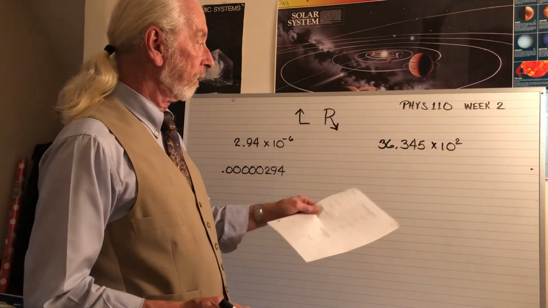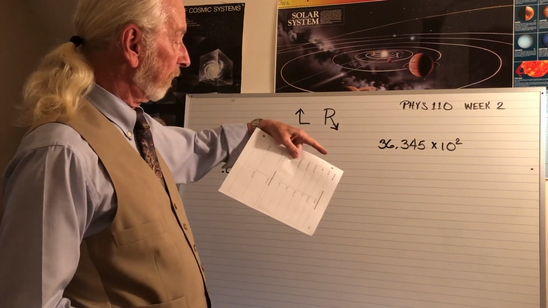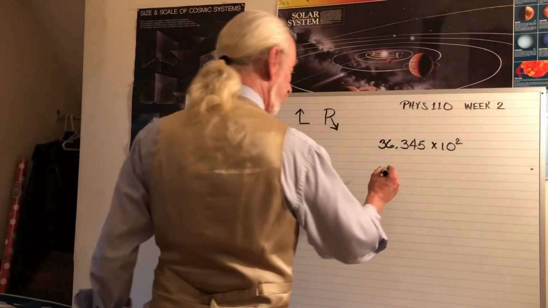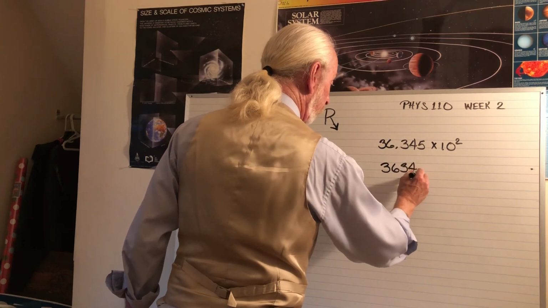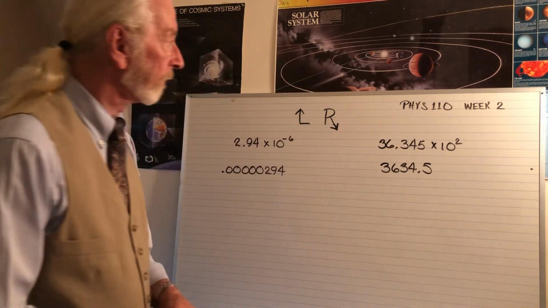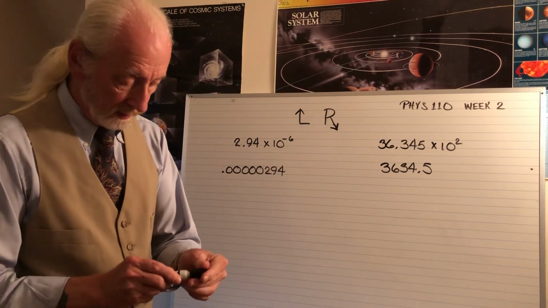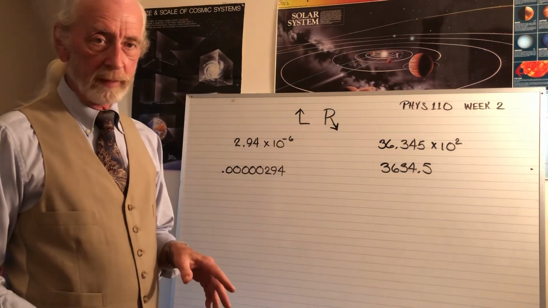From a 2 to a 0, exponent's going down, means my decimal is going to go to the right, so my answer is 3634.5. There we go. All right. That'll keep you busy for a little while.